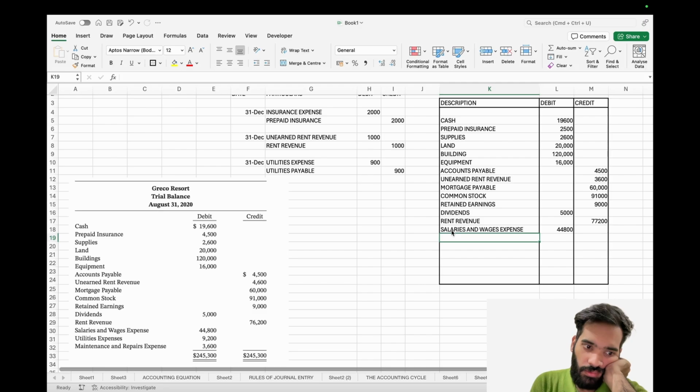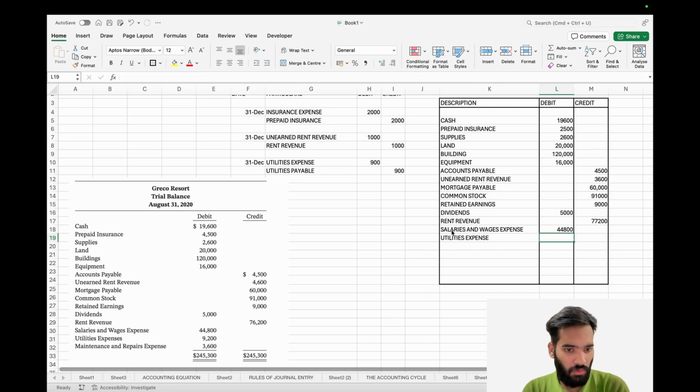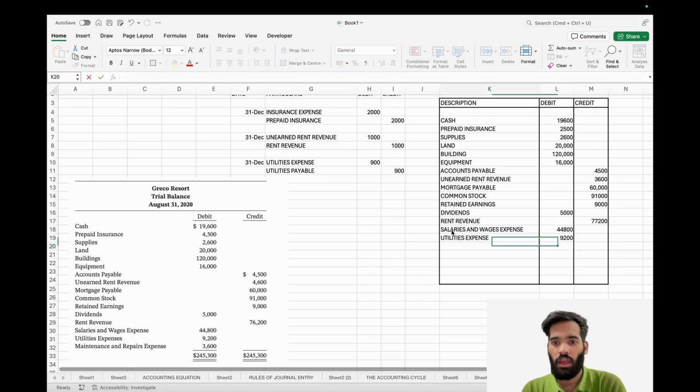And then we have utilities expense, which amounts to 9,200. And then we have maintenance and repairs expense, which is 3,600.